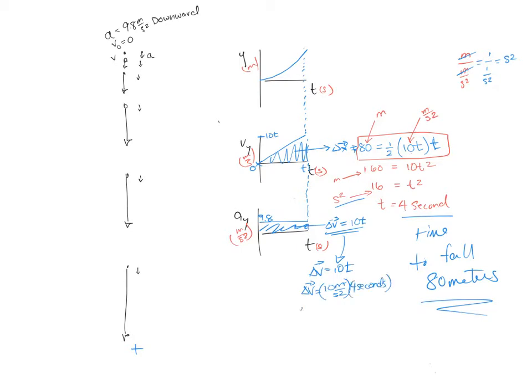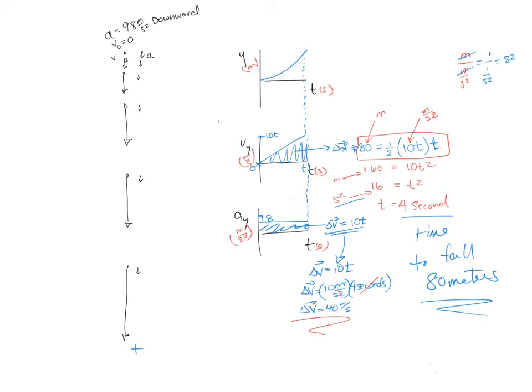And since my object started with 0 velocity, if you start from 0 and then you change by 40, this is 40 meters per second because the seconds cancel. So I changed velocity by 40 meters per second. I started at 0, so my velocity just before I hit the ground must be 40 meters per second.